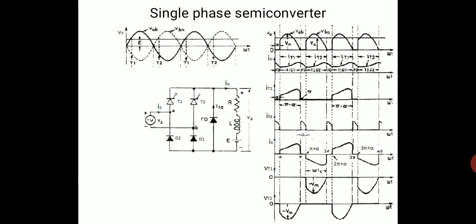So we will have thyristors T1 and T2 and diodes D1 and D2. So there will be 2 thyristors and 2 diodes. In some cases, we can use an additional diode called a freewheeling diode as well. So what is the use of the freewheeling diode, whether it is required or not, we will analyze in this lecture.